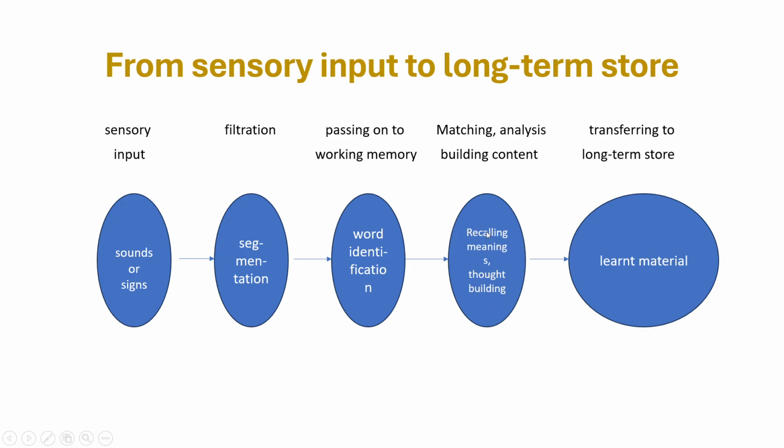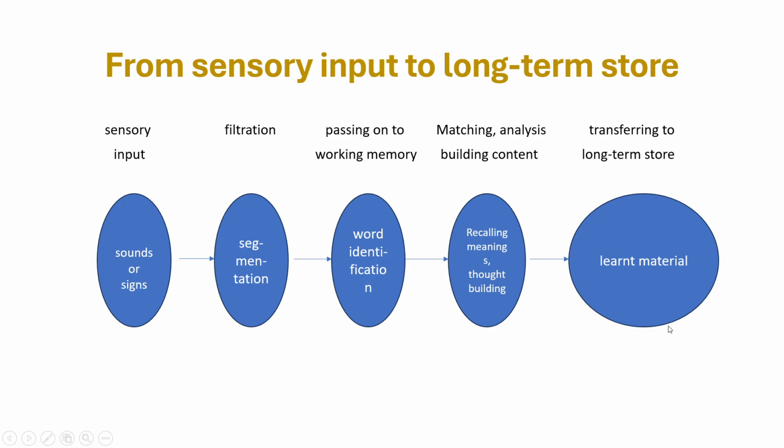And if you want to store this new unit of knowledge, the proposition or the term or the lexical items, the vocabulary, whatever, then you want to move it to long-term memory. This is transferring from the short-term store to the long-term store, right?